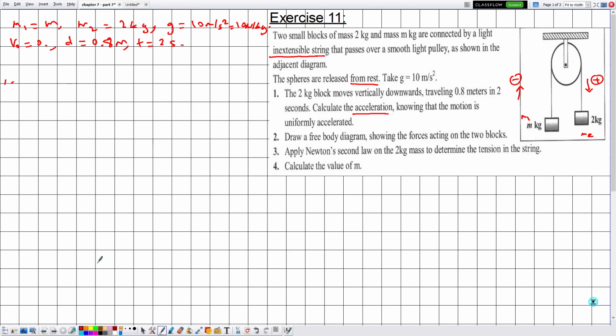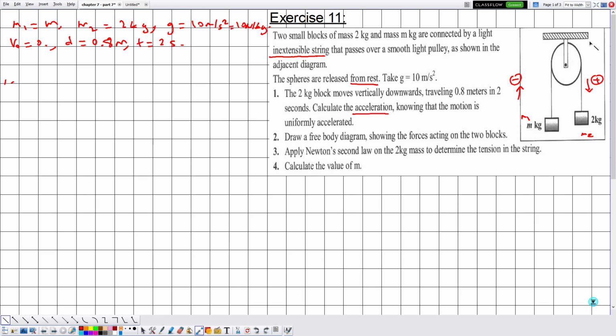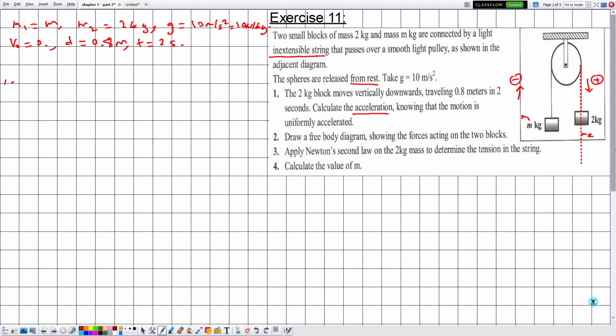Before doing so, let's choose the positive x-axis. We are concerned about M2, so let's choose the positive x-axis to be in the direction of motion like this, which means that the motion is occurring completely along one axis, the x-axis.